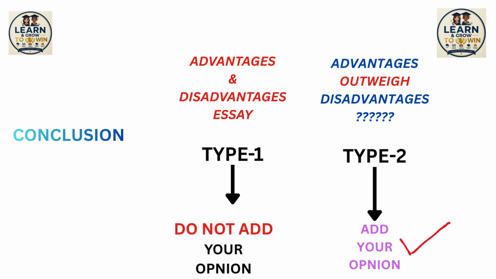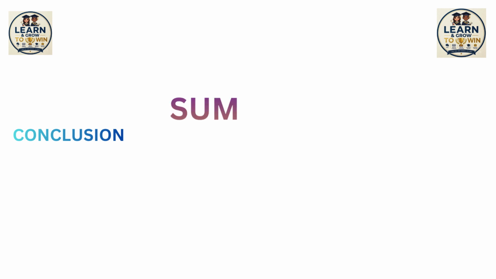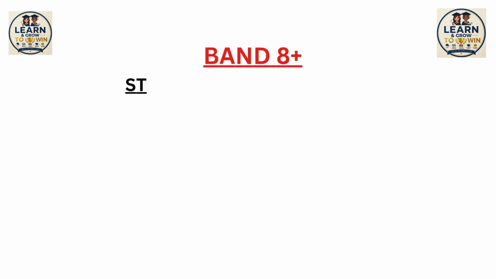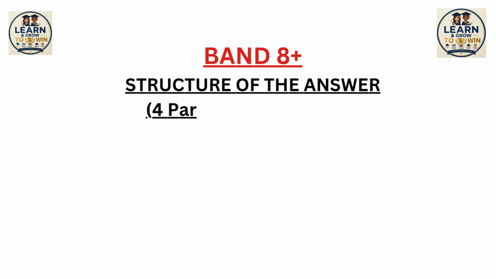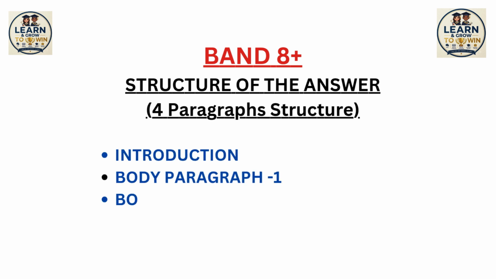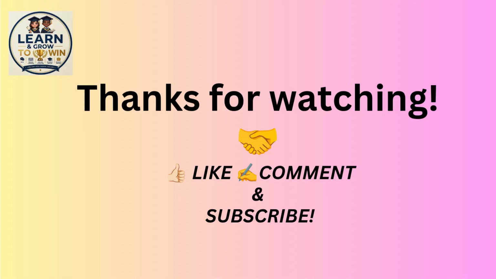But in this tutorial, as I've told you, you do not need to focus on your opinion. So what you can do is simply paraphrase the advantages and disadvantages in your conclusion also and then wind it up. I hope that these strategies shared here will surely help you to boost your band score to Band 8 plus as you are presenting a well-structured and coherent essay for this task too.